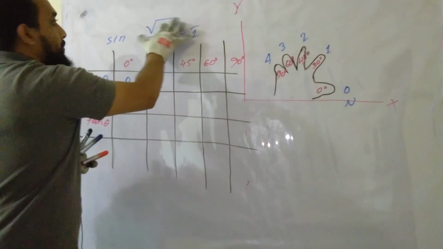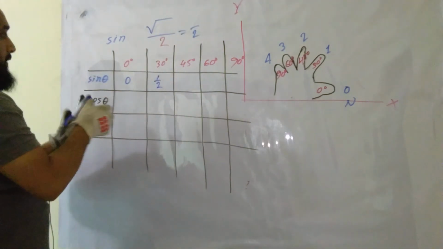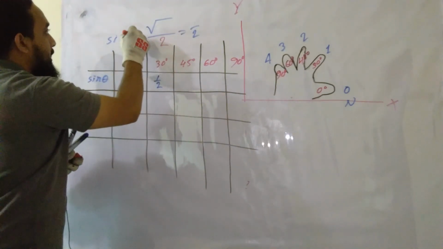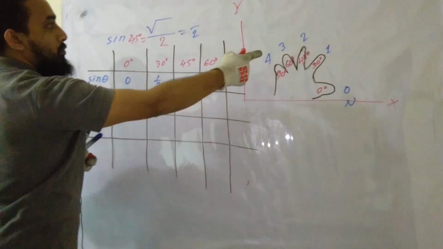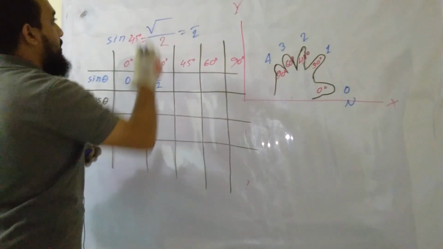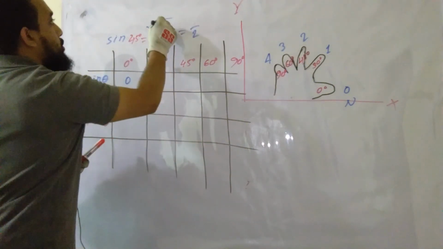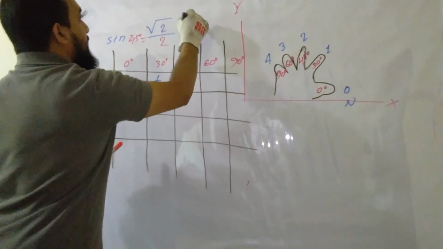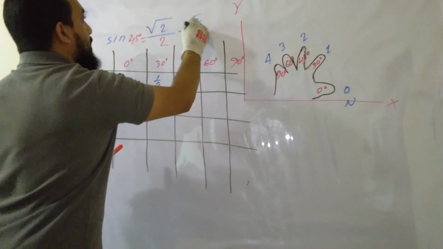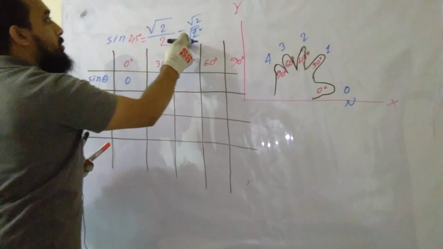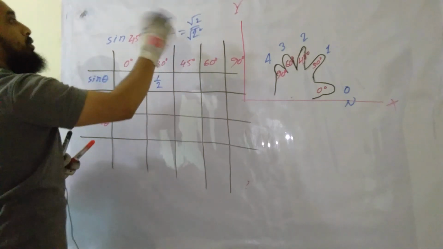What are we going to have? The next one is 45 degree, right? So for 45 degree, it is the third, and for this one the value of n is 2. So we can write it as root 2 divided by root 2 squared, because square and root cancel each other, so we're going to have 2 as it is.